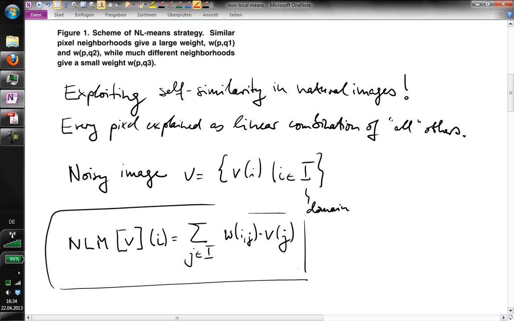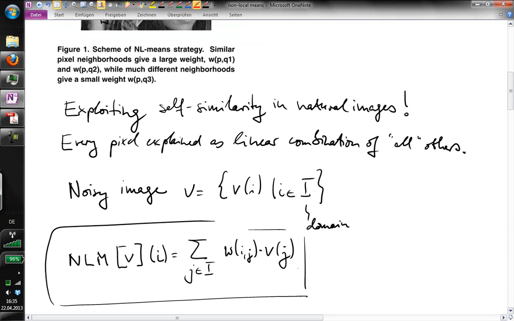Okay, so now there are many implementations possible. You can either impose a hard limit, like I never want to take an average of more than 100 patches, or you can, what was the other part of your question?